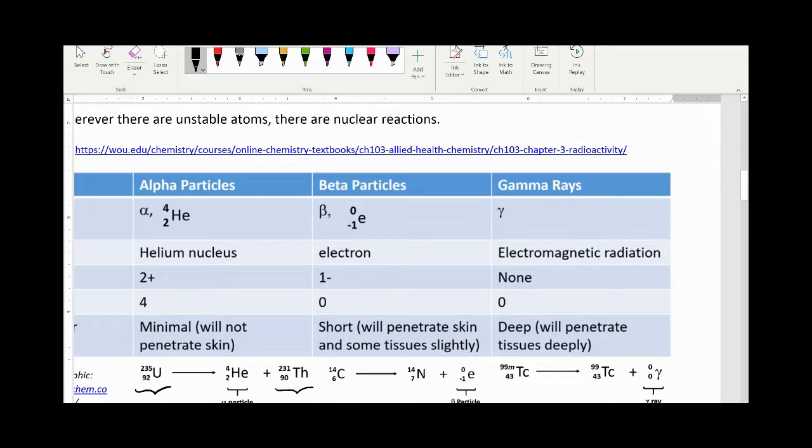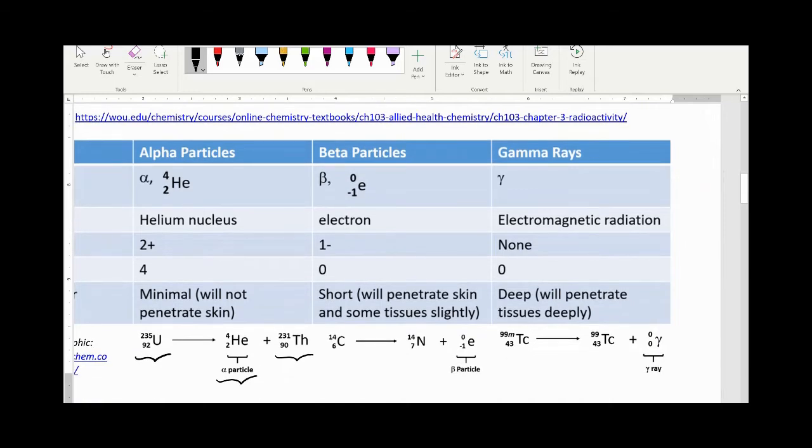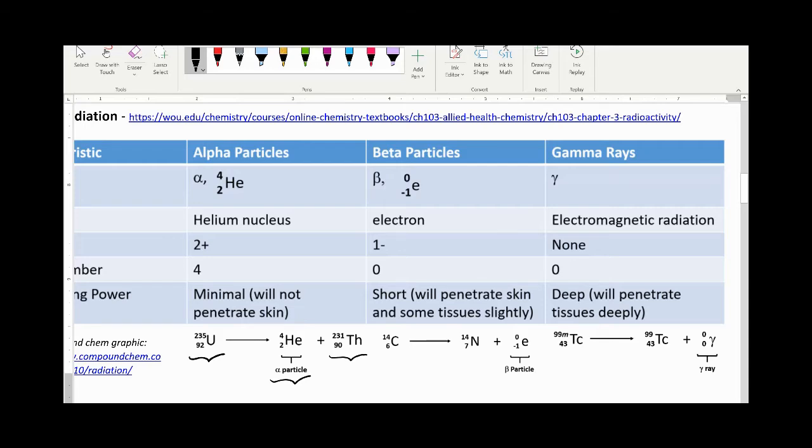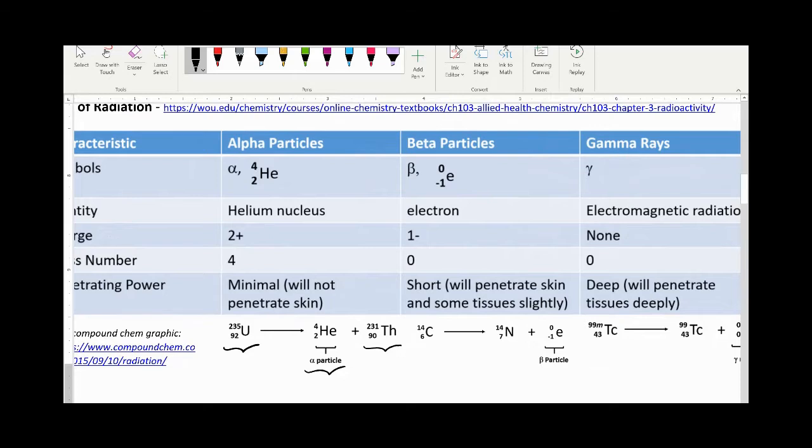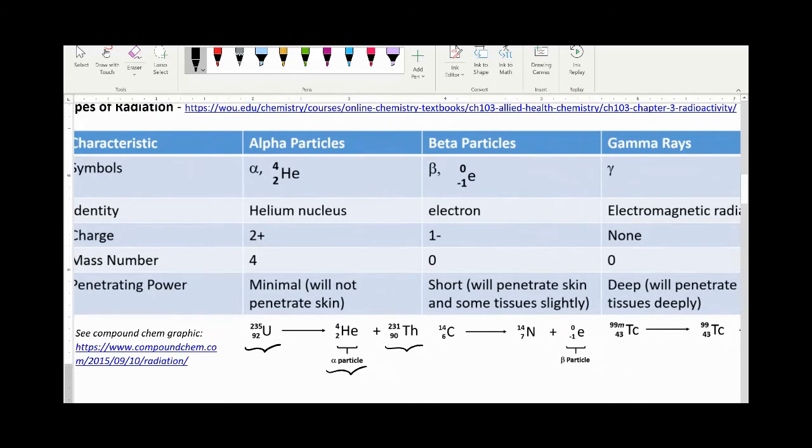Now a beta particle, on the other hand, is not very similar to, but is an electron, I guess I should say. And so the symbol for a beta particle is this Greek beta here.